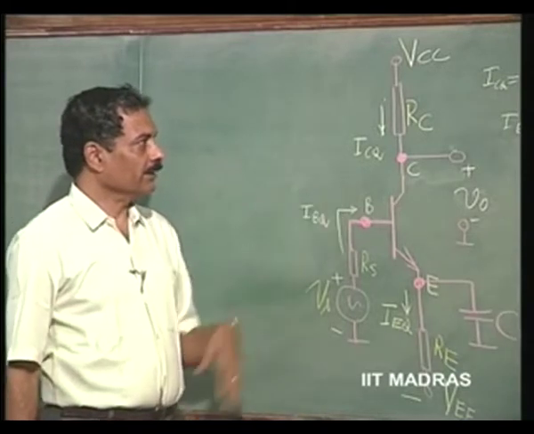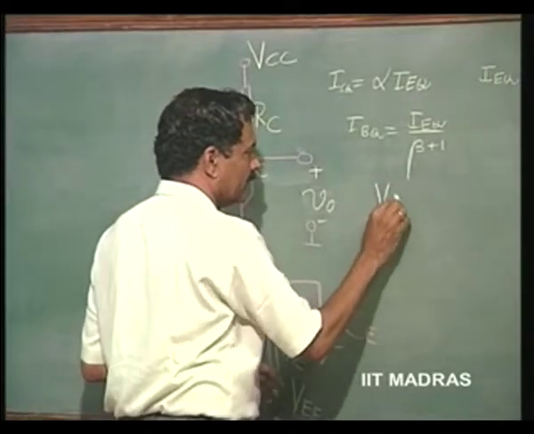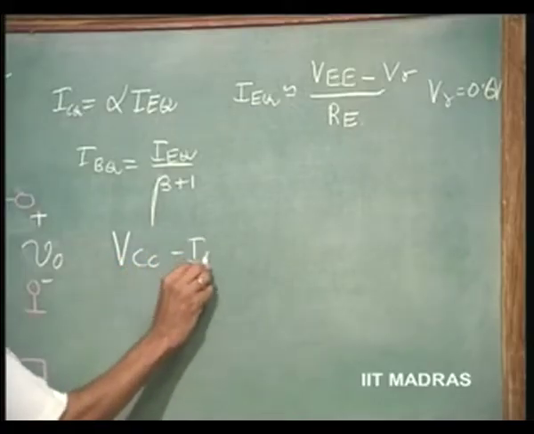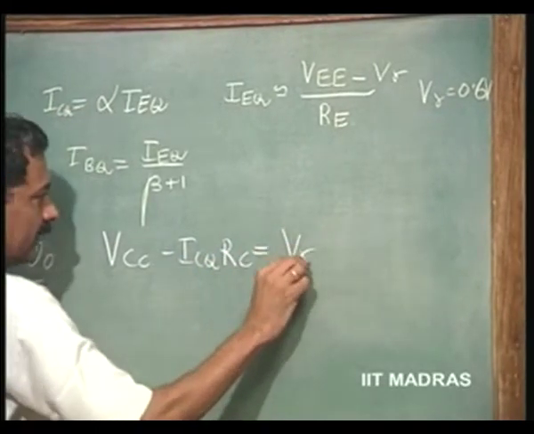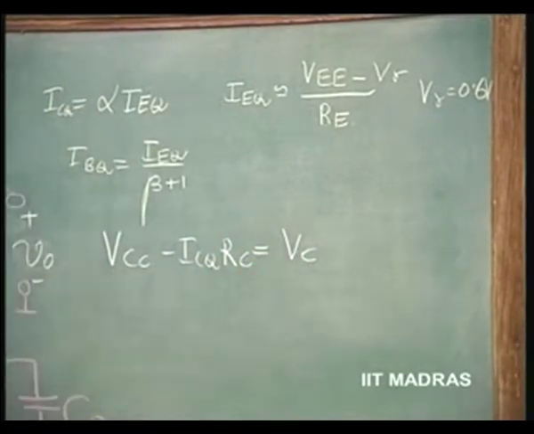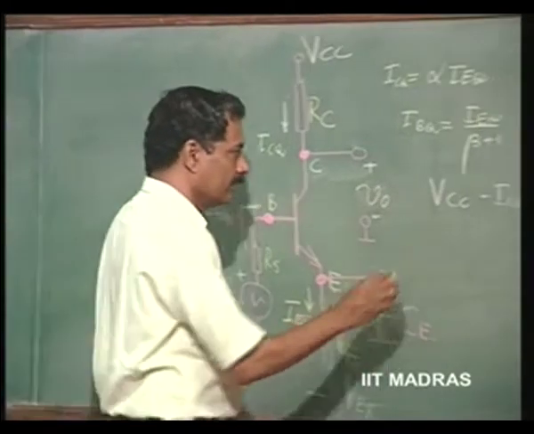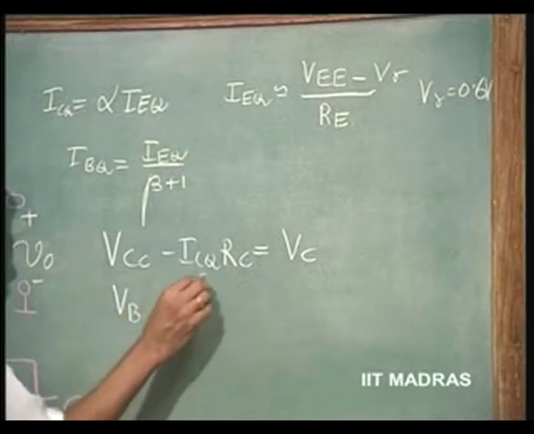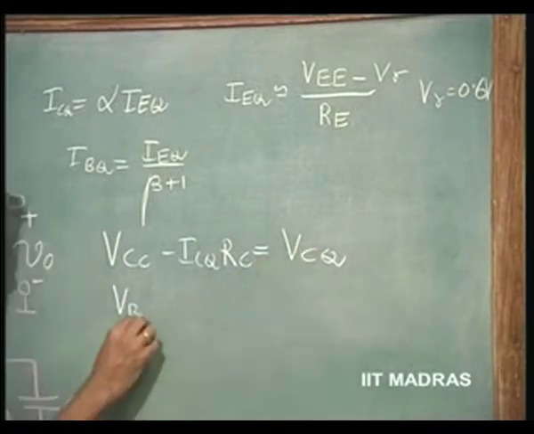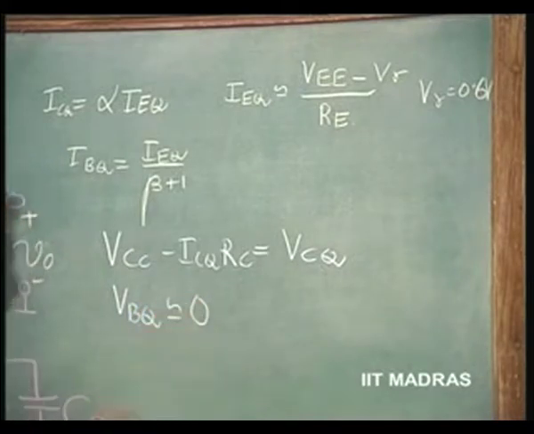The voltage VCC minus ICQ RC is equal to VC with respect to ground, and VBQ is very nearly 0.